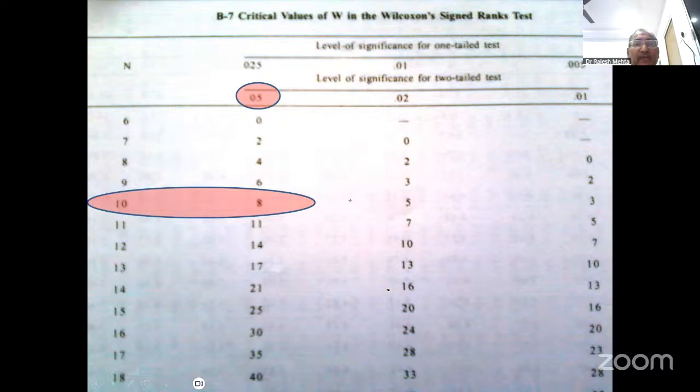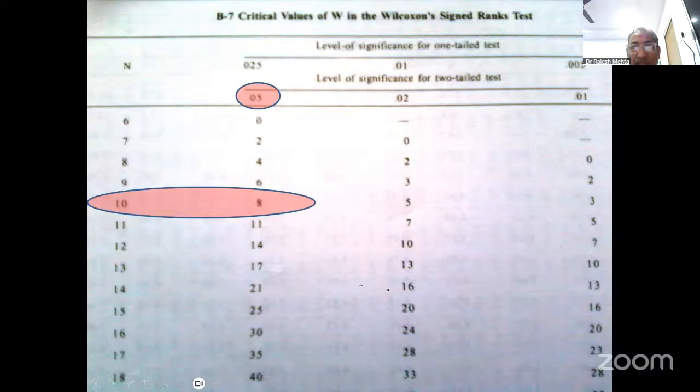If instead of 12 you had got something like 4, 2 or 3, it would have been in this zone: P less than 0.05, 0.02, 0.01. Now we have a 12, so 12 will be on this side. If it is 7, it would have been over here.